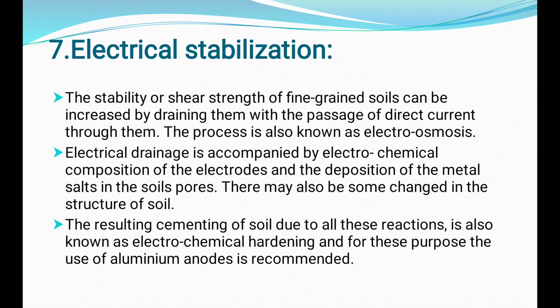Electrical drainage is accompanied by electrochemical decomposition of electrode and deposition of metal salt in the soil pores. So the structure of the soil may get changed. The resulting cementing of soils due to this reaction is called electrochemical hardening, and for this purpose anodes made of aluminium are recommended.